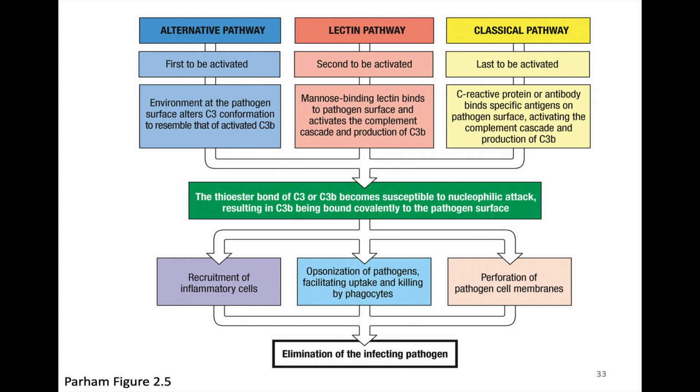Once we have C3 cleaved and on the surface of the microbe, we're now here. You can see we got C3. We're ready to go to that bottom part. C3 always, no matter which thing we're doing, always has one thing it does that's the same.